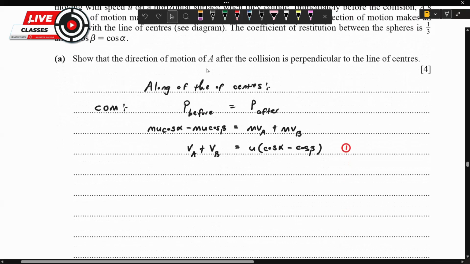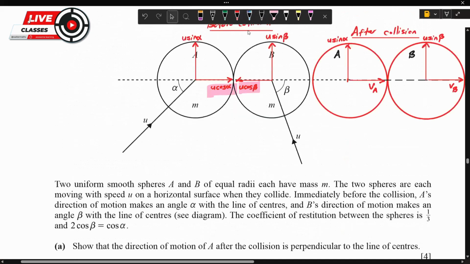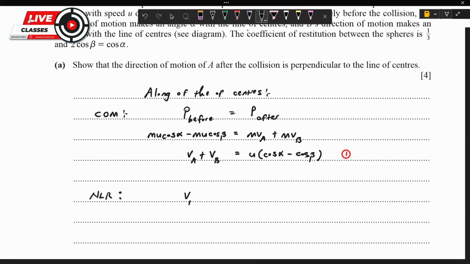Next, we're going to look at Newton's law of restitution, the coefficient of restitution. For this, we say VB minus VA, that's the relative speed of separation, is equal to e, which in this case is a third. That's the coefficient of restitution.